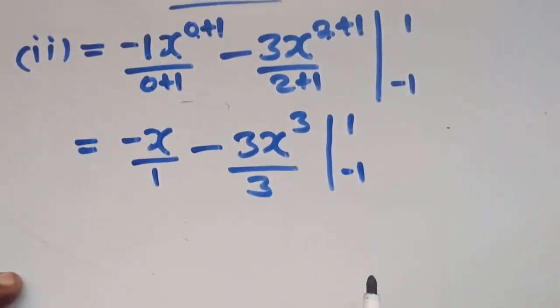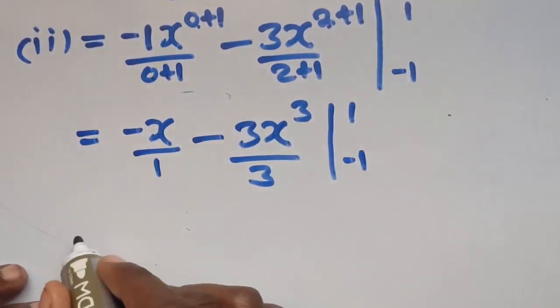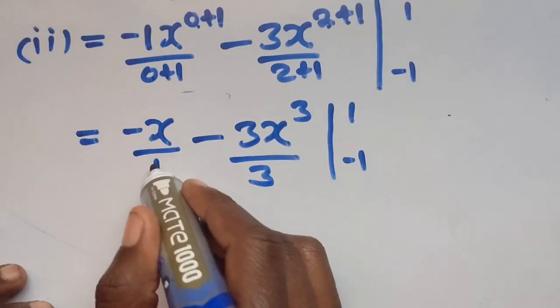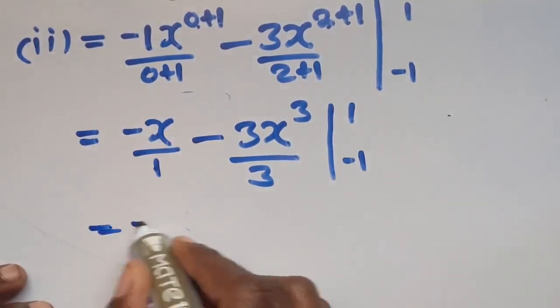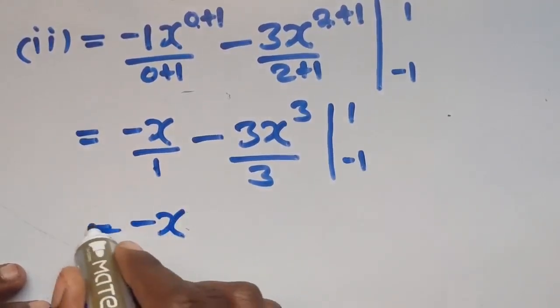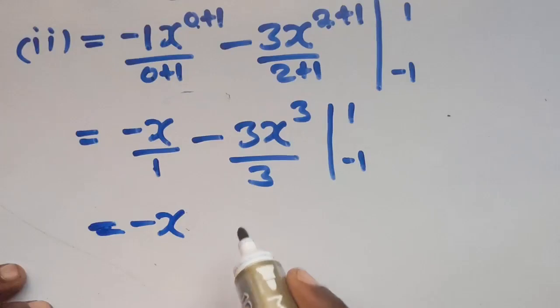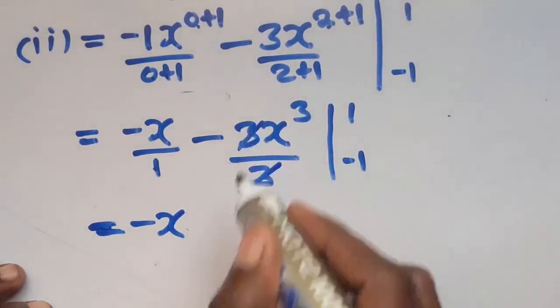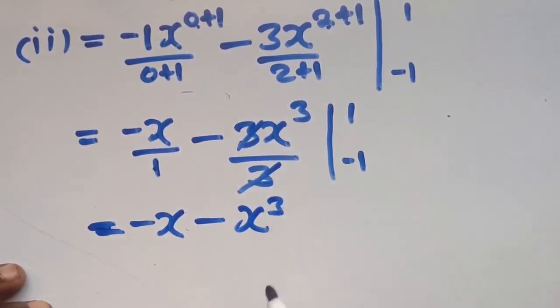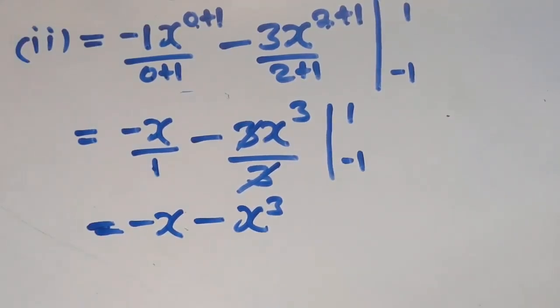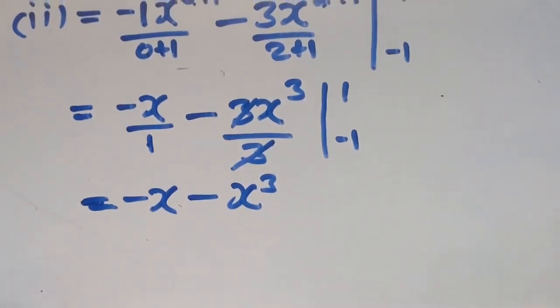Now from here, 1 into -x, we are going to have -x. Then 3 into 3, we are going to have -x to the power 3. So this is what we have there.